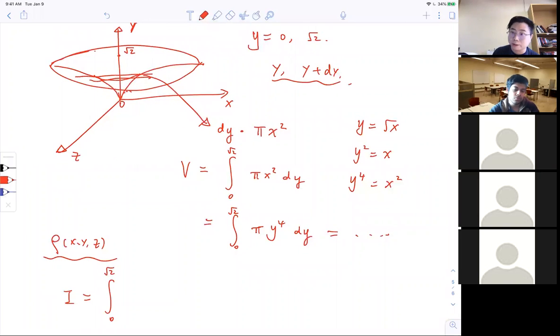This is the first thing you determine, the range of the y integration. Once you have this region, you choose a random y, let's say here. Then for a fixed random y, this corresponds to a disk, right?